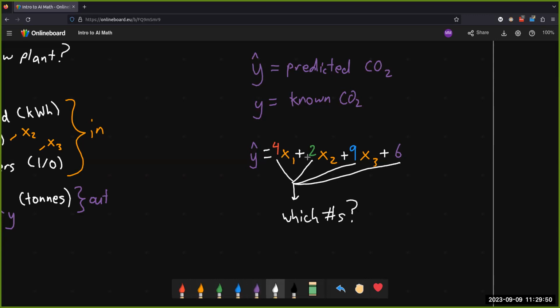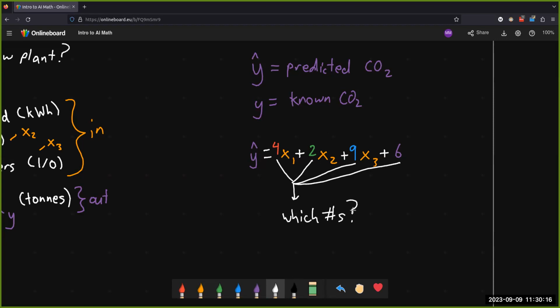The AI algorithm's job is basically to generate a bunch of equations like these, which we will call prediction equations, because they generate the predicted variable we want. But it has to change these numbers. It has to make lots of different guesses at what these numbers are that would best allow us to make the predictions.